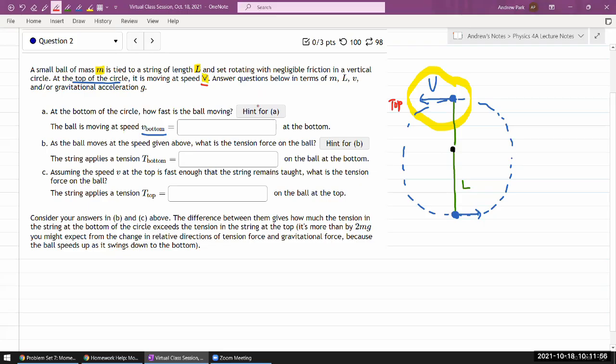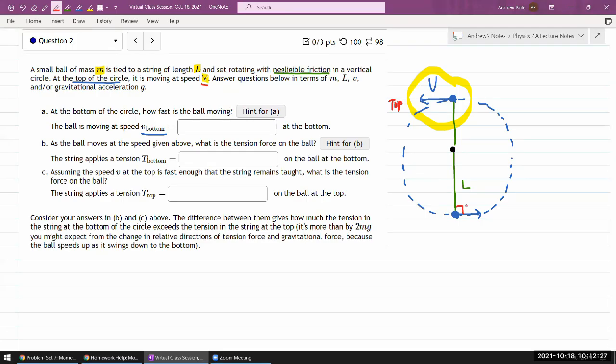Answer the questions below. And it's asking, at the bottom of the circle, how fast is the ball moving? So the question has all the signs of a situation where energy is conserved: negligible friction, and even though the tension force in the string is not a conservative force, the direction of movement is perpendicular to the direction of tension, so it does no work.